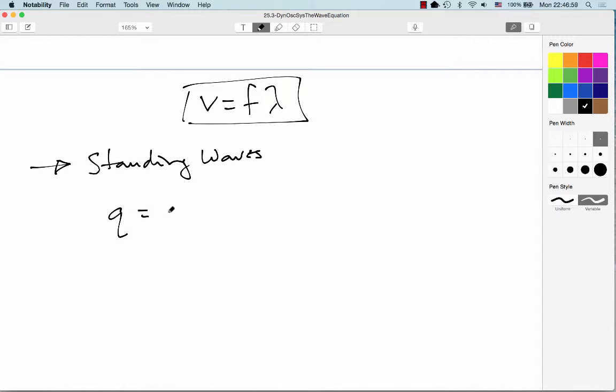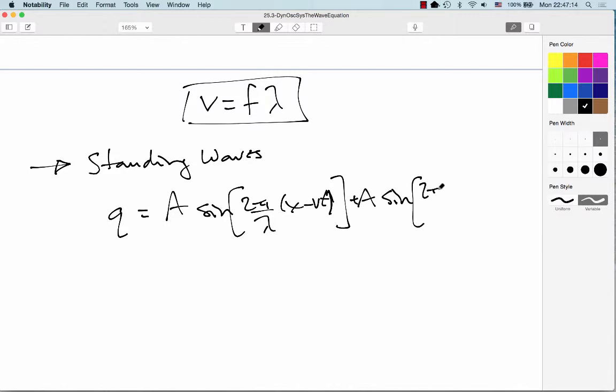So we can write Q equals some A sine of 2 pi over lambda (x minus vt), that's the rightward wave, plus some A sine of 2 pi over lambda times (x plus vt), that's the leftward wave. And honestly, the only way I can ever remember this plus and minus is to remember it's backwards of what you want.